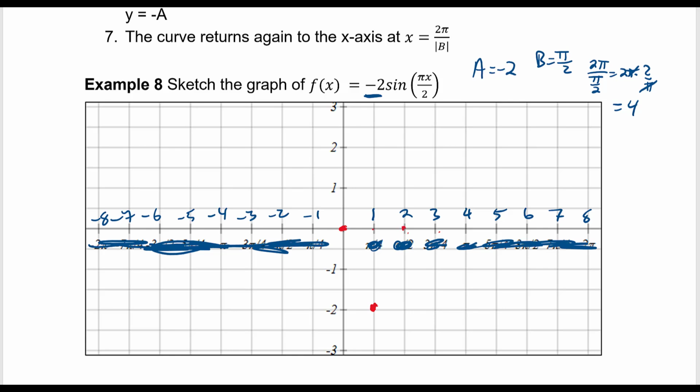Then it'll come back up to 0 at 2, and then it's going to peak, then come back, go down, come back, peak, come back. So it looks something like this.